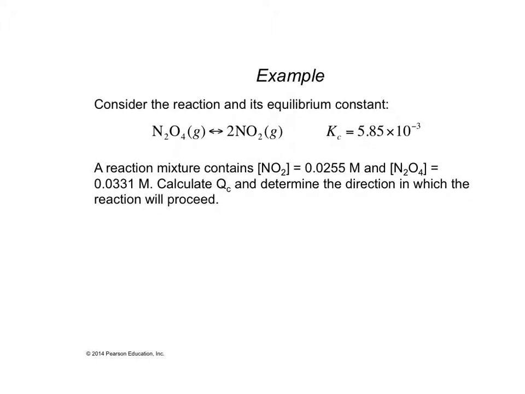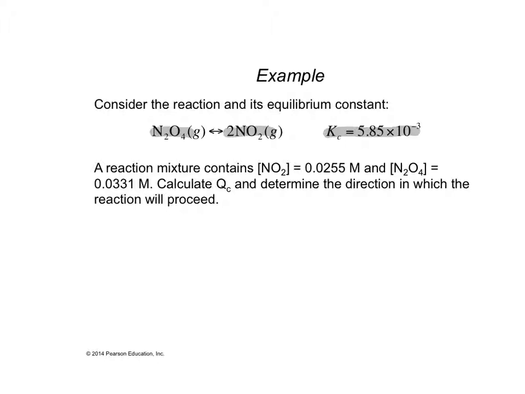So how would you actually utilize this in a problem? For example, they give us a reaction here. We have N2O4 going to make 2 NO2s, and they tell us what the equilibrium constant is for this reaction.